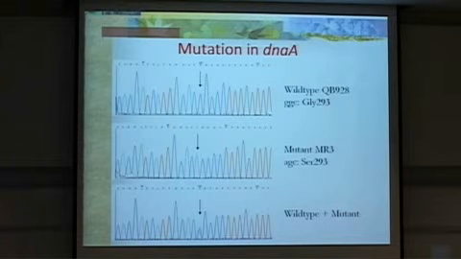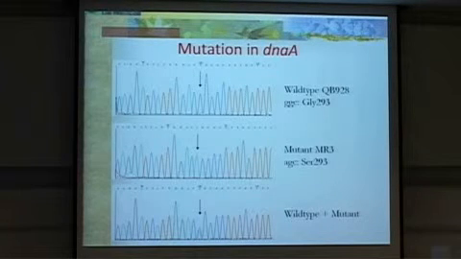And here are some of the mutants that Flora found in some of the proteins. Here's a wild type and mutant MR3, and then you have a glycine mutating to a serine, and here's a wild type.